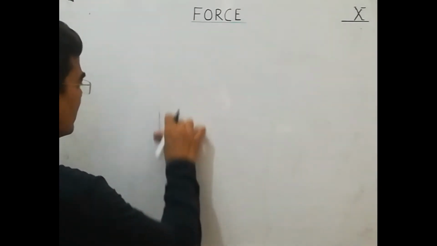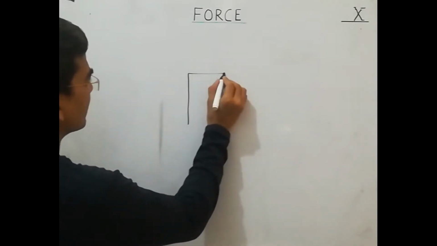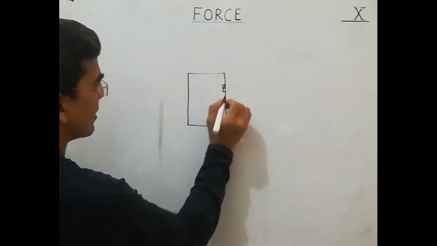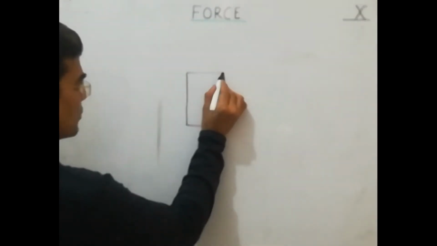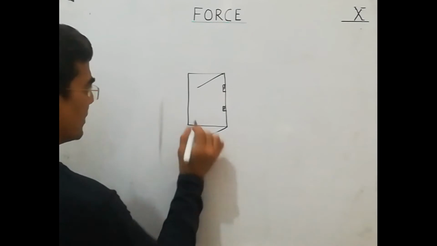Let us consider a door like this. It is fixed about the hinges. Now when you are opening or closing the door, suppose you are opening the door, so your door will be taken like this now.